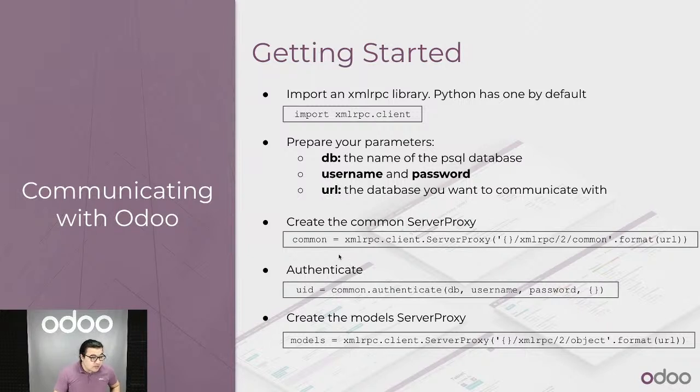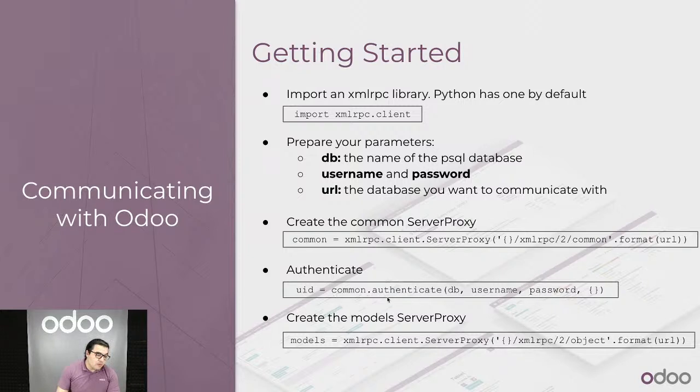Next, we are going to set up some server proxies to fetch some metadata. Namely, we need the common and the models. Both of them have specific routes, as you could see here. And then you could authenticate.